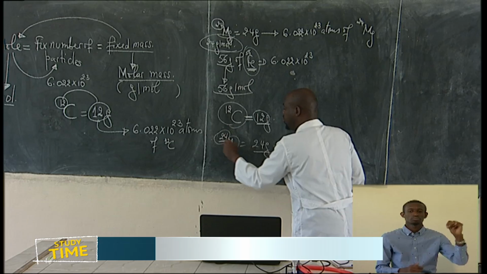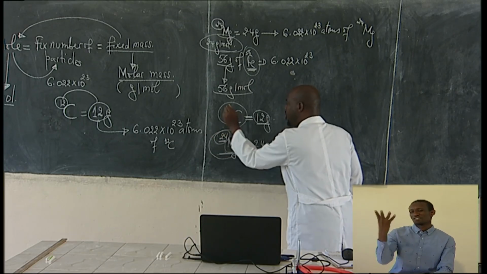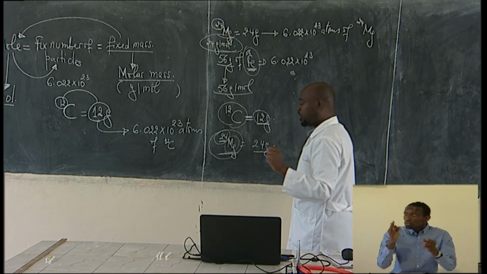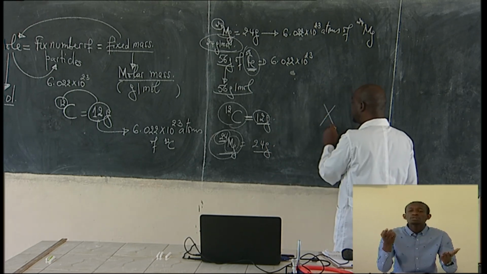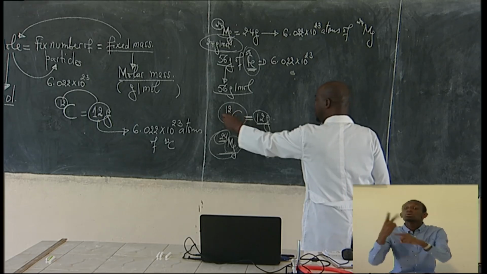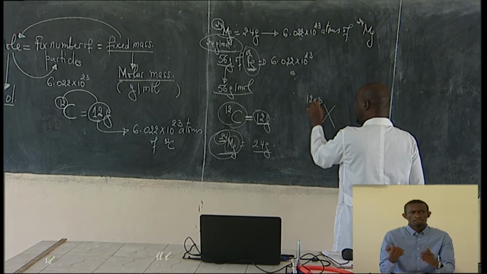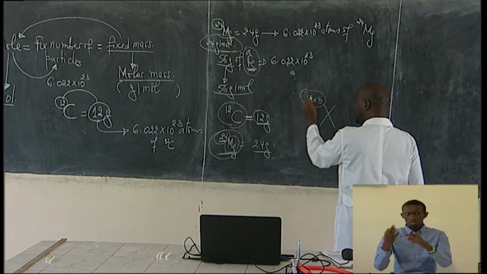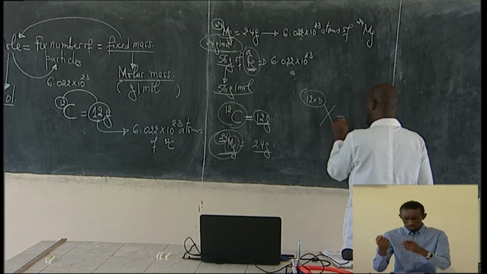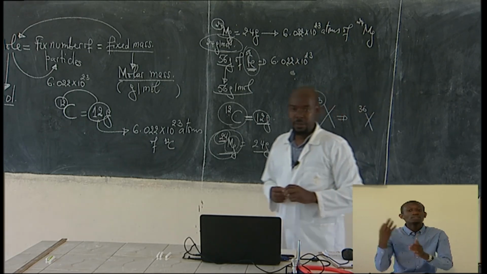If you have a particle X and you find it to be weighing 3 times greater than carbon-12, then you take 12 times 3, because it is 3 times, and X will be 36.